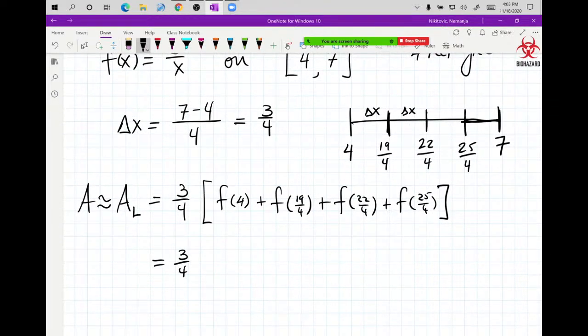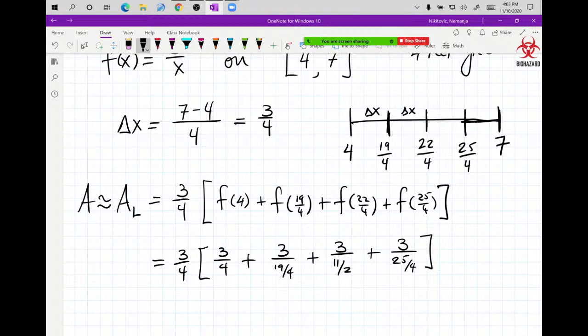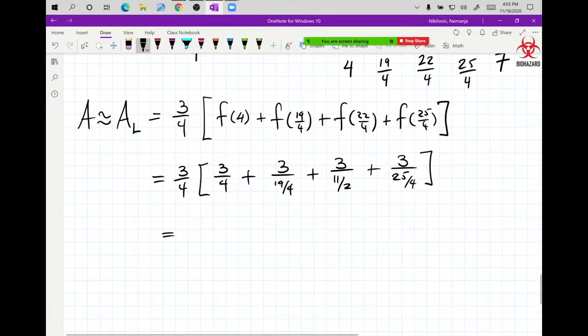So that's 3/4 times. Now function is 3/x. So that's 3/4 plus 3/19/4 plus let's do 11/2 plus 3/25/4. And now you just simplify.